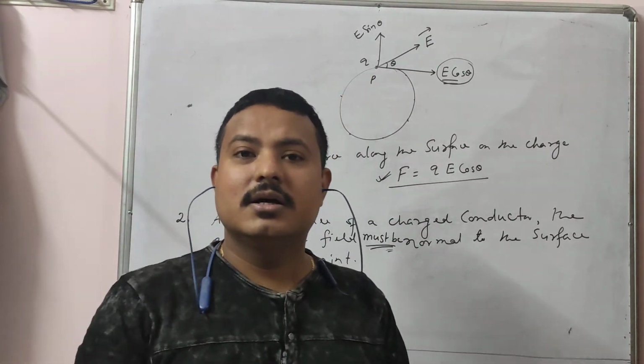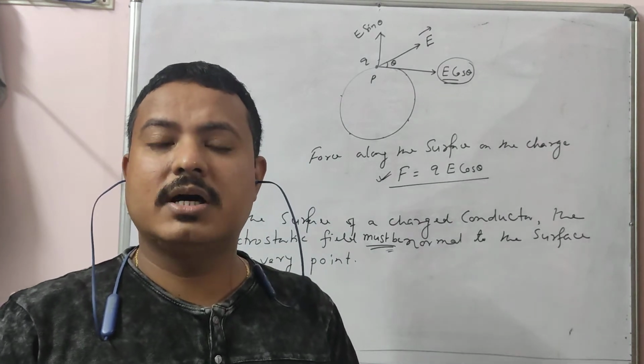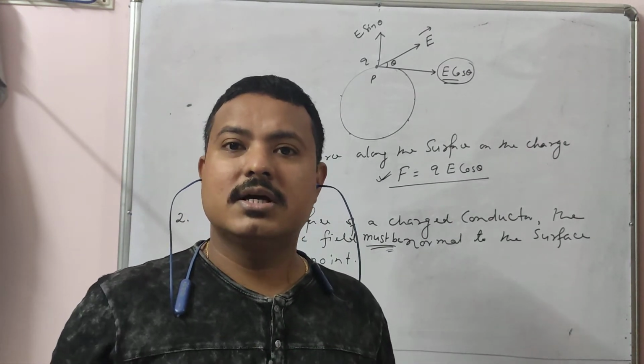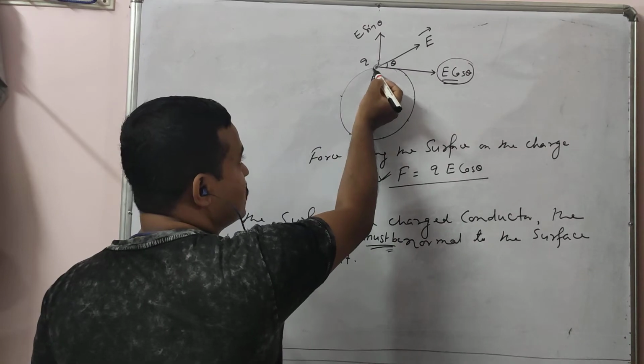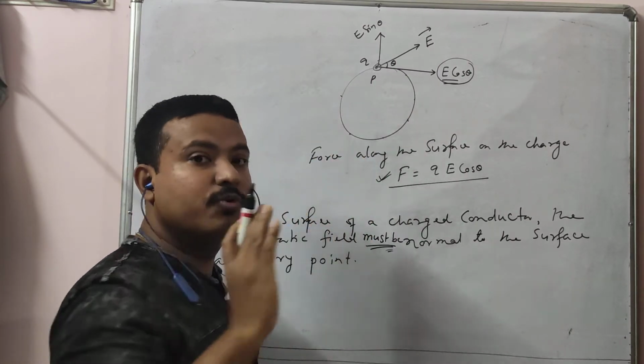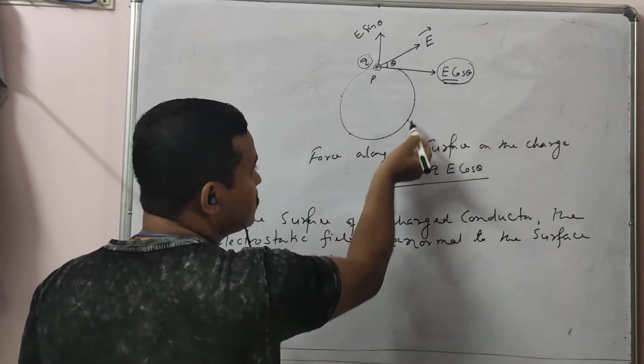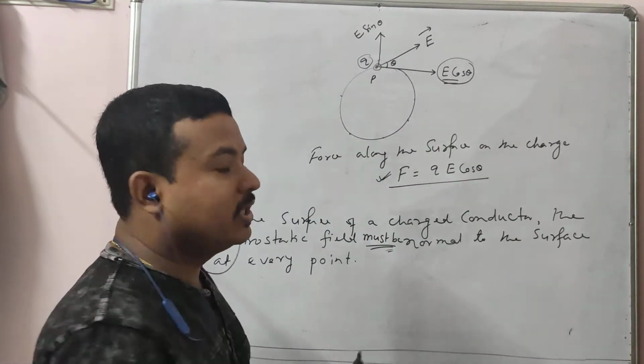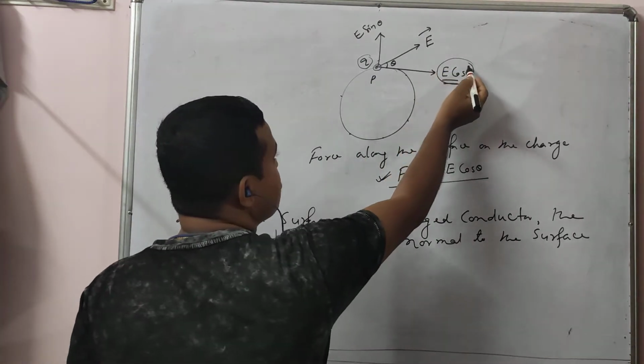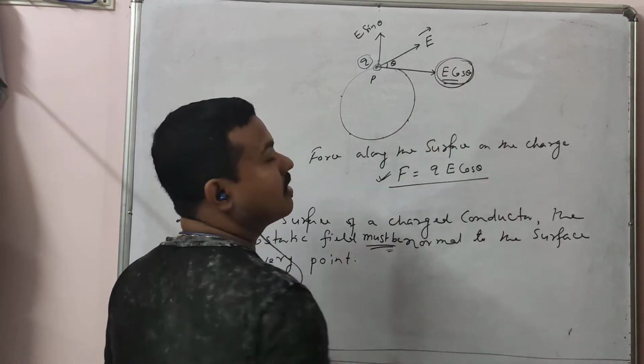But we know that electrostatic property means charges must be at rest. So the charge is not moving at all. That means it must not experience any force along the surface, so there must not be any electric field along the surface.